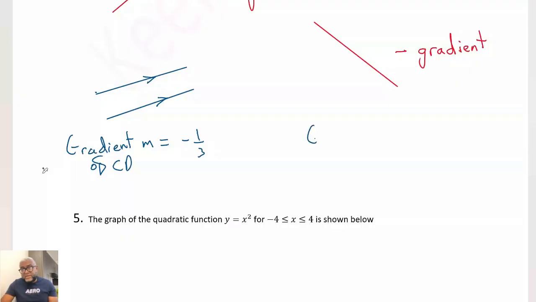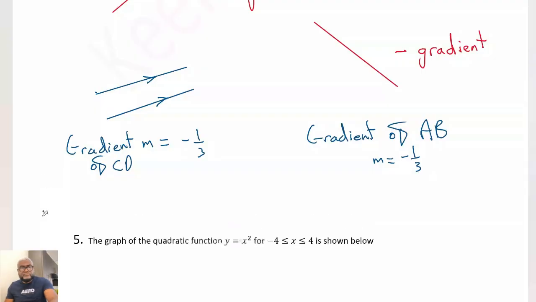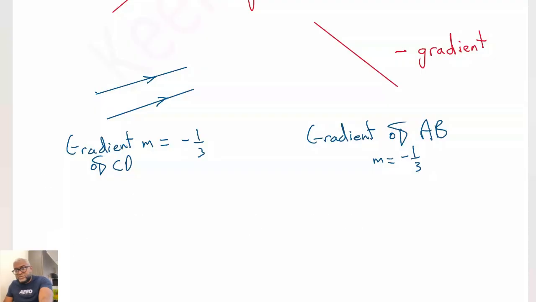Remember, gradient is m, right? So your gradient of AB, which is parallel to CD, would also be negative 3. Right? You with me there? Yes, sir.